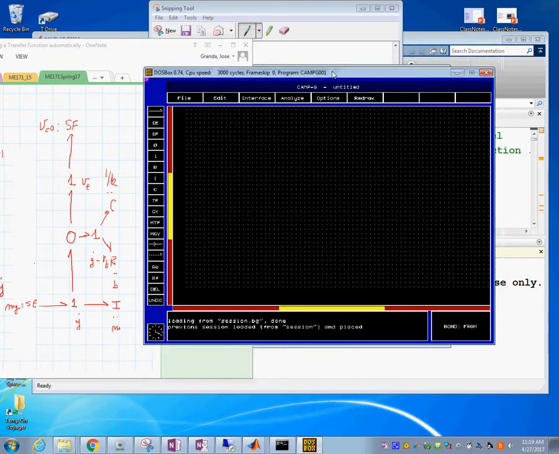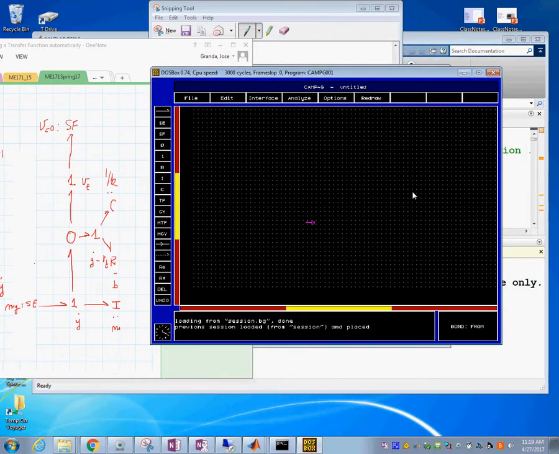There we go. So in here I need to put the source of flow. It doesn't really matter, let's just do it from the bottom, just like I was doing it.